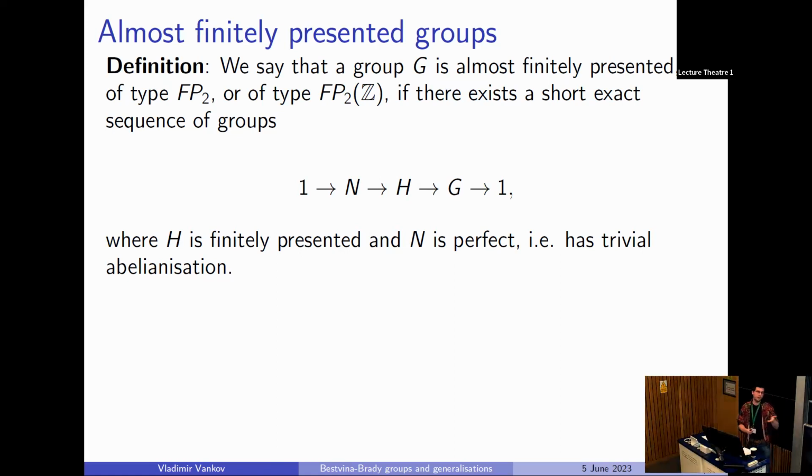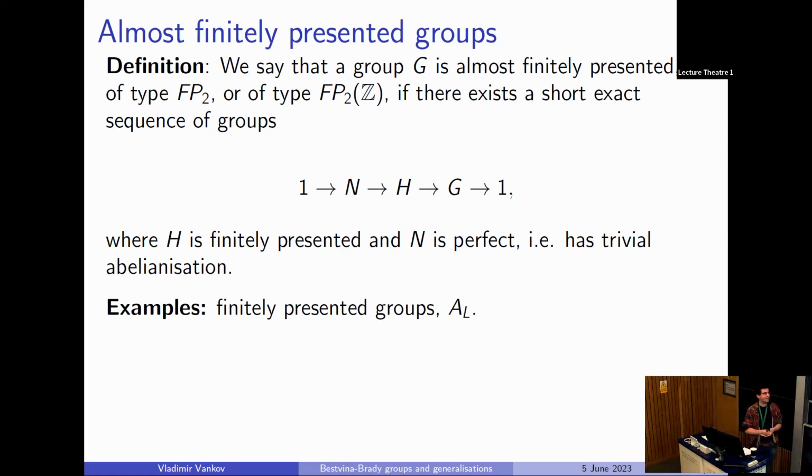So when you quotient by it to take the abelianization, you just get the trivial group. Secretly there is a homological condition here: N being perfect is the same as the first homology of N vanishing, but it's buried by just saying that N is perfect. Okay, so this is one definition of being almost finitely presented, and finitely presented groups are examples of this, because we can just take N to be the trivial group.